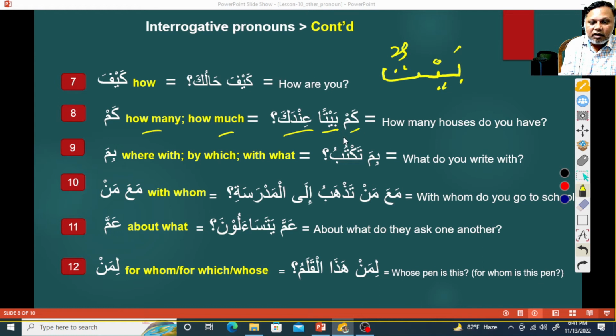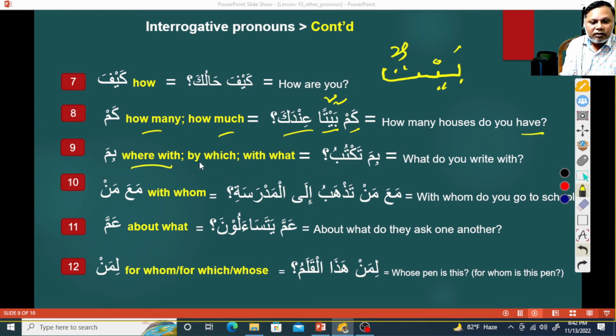Because of this kam particle, the baitun becomes baitan, the object of this verb. This is the indika verb to be. So kam baitan indika. How many houses do you have?